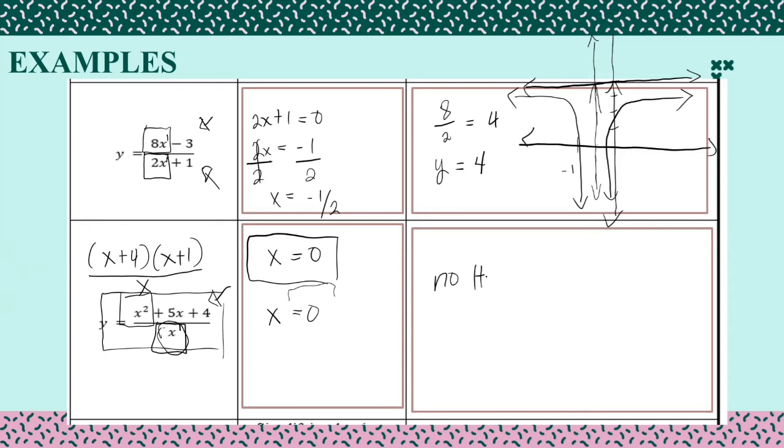No horizontal asymptotes. Ibig sabihin, sa graph natin, hindi lang tayo pwedeng dumikit kay asymptotes natin na x is equal kay 0. So let's say, vertical asymptotes natin is here. Vertical, ibig sabihin patayo. So nandito si vertical asymptotes natin. Okay? So ibig sabihin hindi siya pwede dyan dumikit.